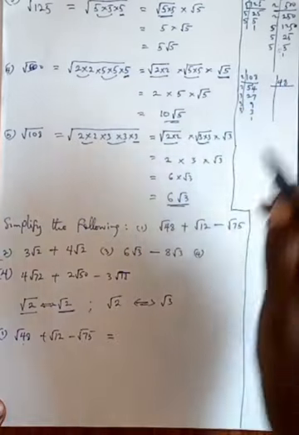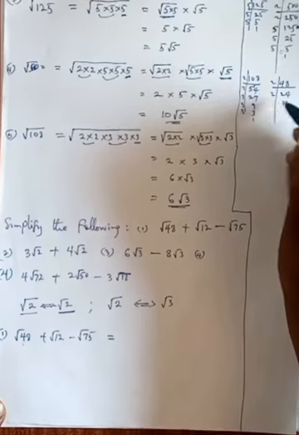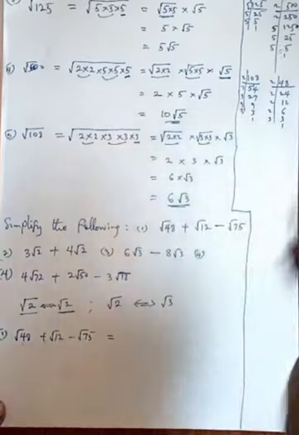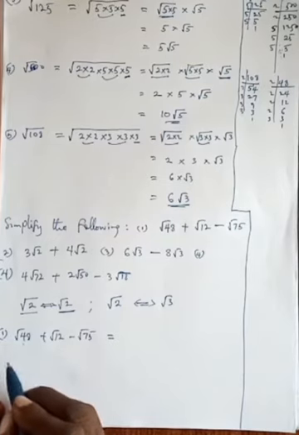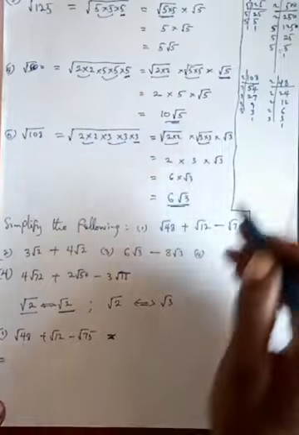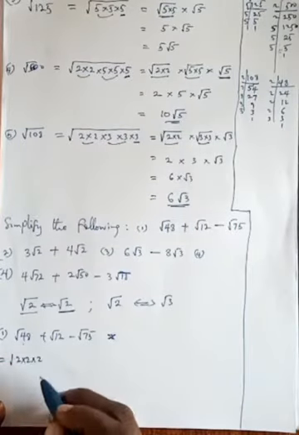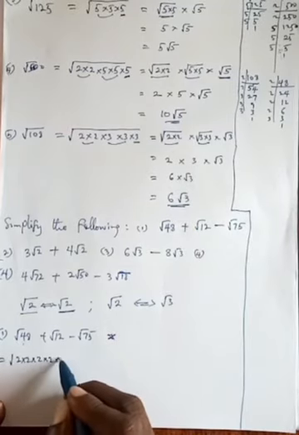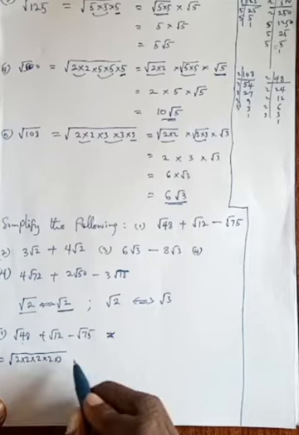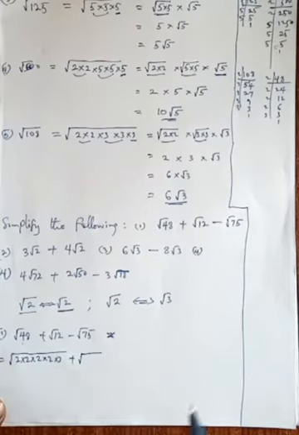So we can see 48: 2 in 48 is 24, 2 in 24 is 12, 2 in 12 is 6, 2 in 6 is 3, and 3 in 3 is 1. So 48 becomes root of 2 times 2 times 2 times 2 times 3. With this, we've re-expressed 48. I also have root 12.